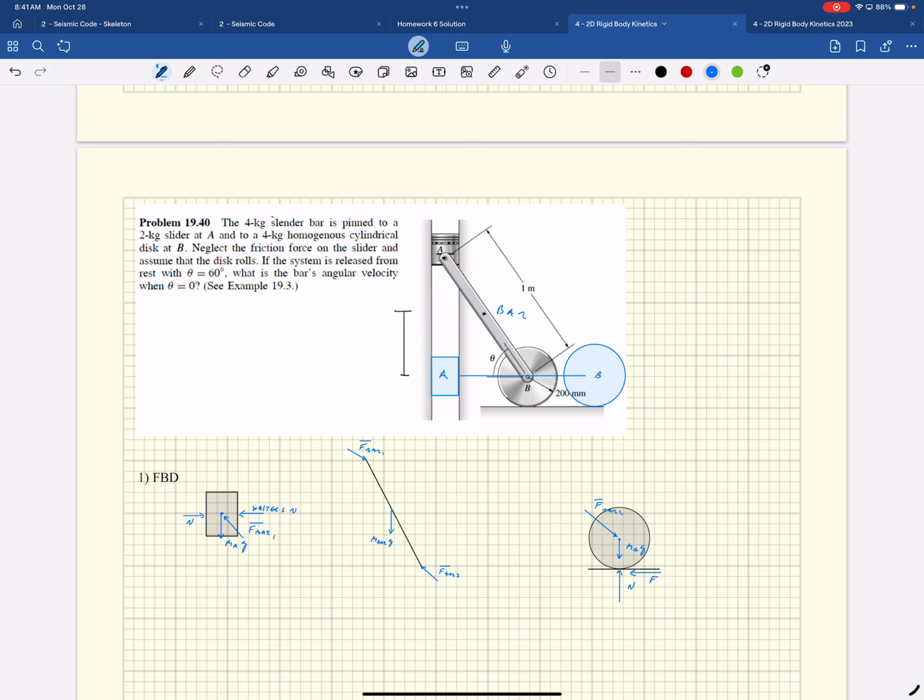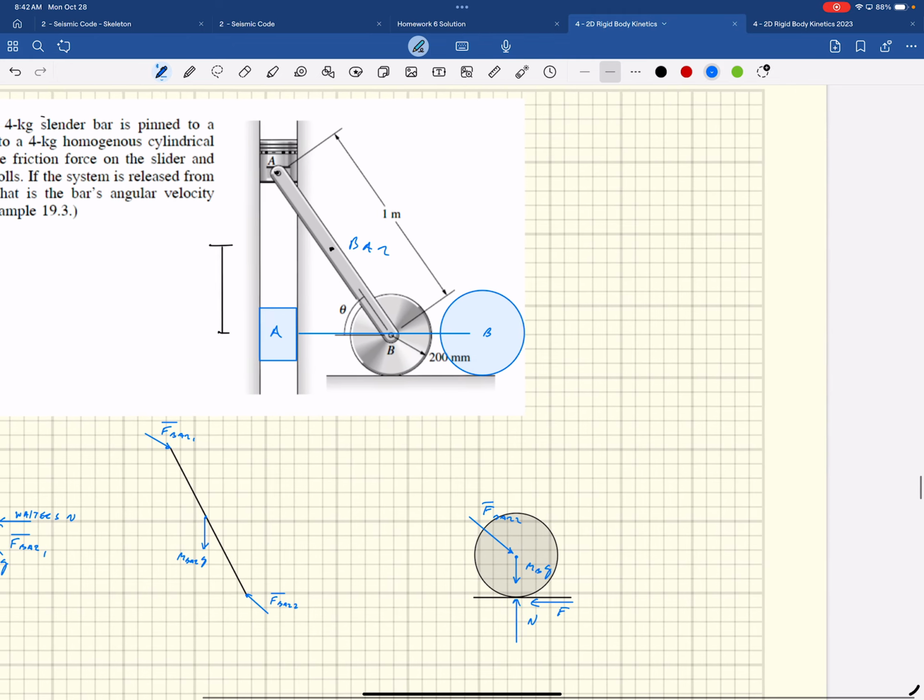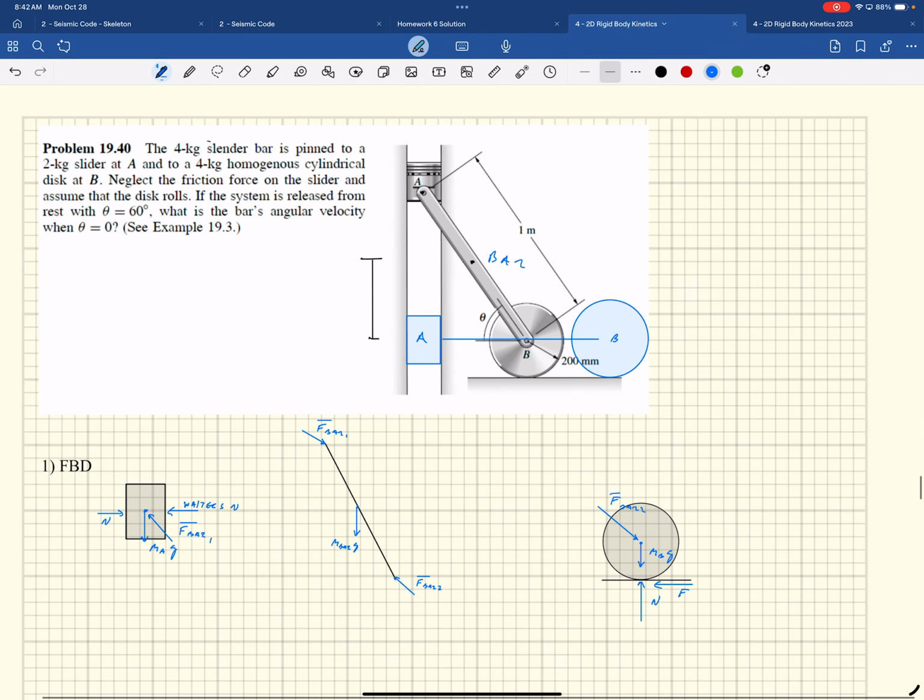The center bar is a pitch. We'll do it. Oh, I don't want to do it right now.